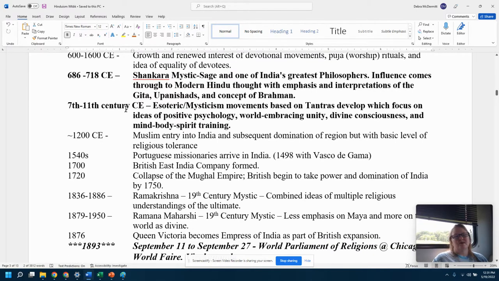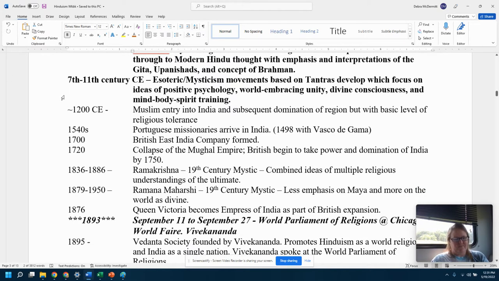From the 7th to 11th centuries, really it starts with Shankara, and it grows with movements based on Tantra, based on Bhakti, based on essentially what we would call positive psychology today. It is absolutely the mystical approach, this ability to connect deep within, but also this divine consciousness without or above.